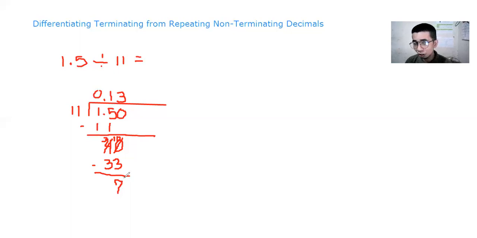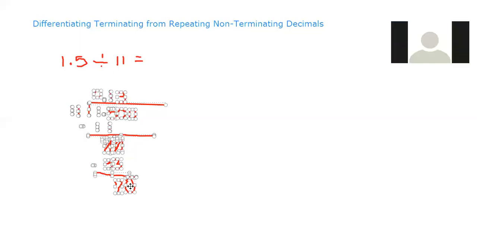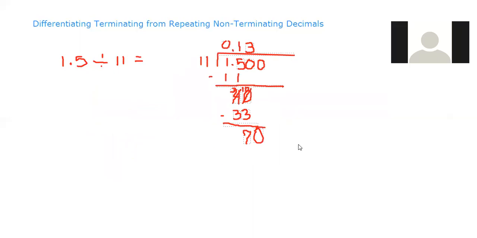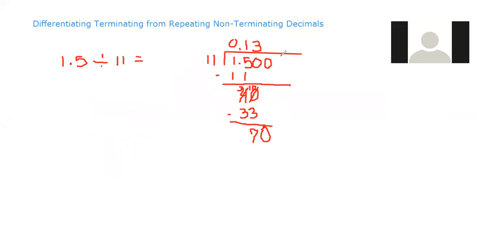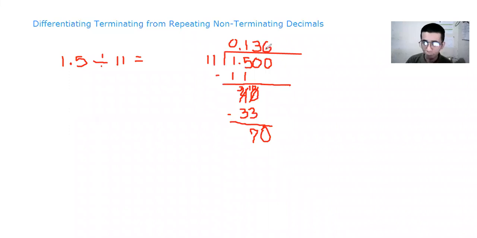Ngayon, hindi pa rin siya 0, diba? So, magdadagdag pa rin tayo ng another 0 sa ating dividend. Then, bring down 0. Now, how many 11 there in 70? 6. Okay? So, dito natin ilalagay yung quotient natin, 6. Then, 6 times 11.